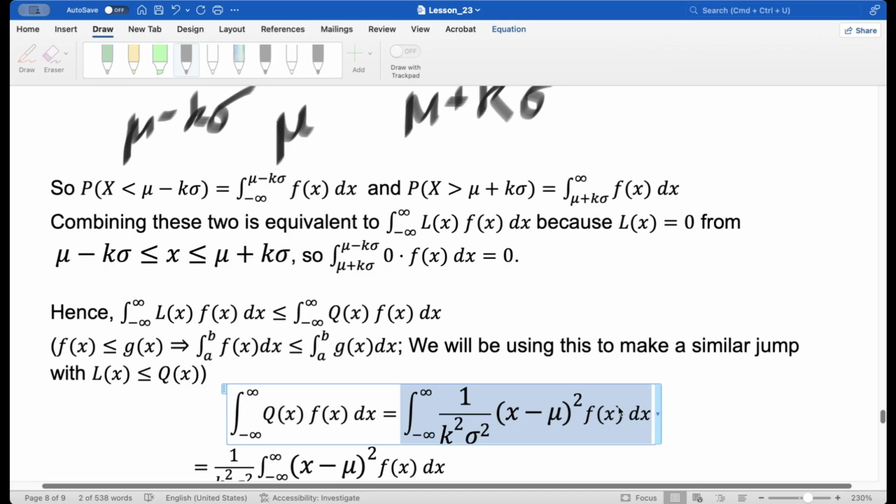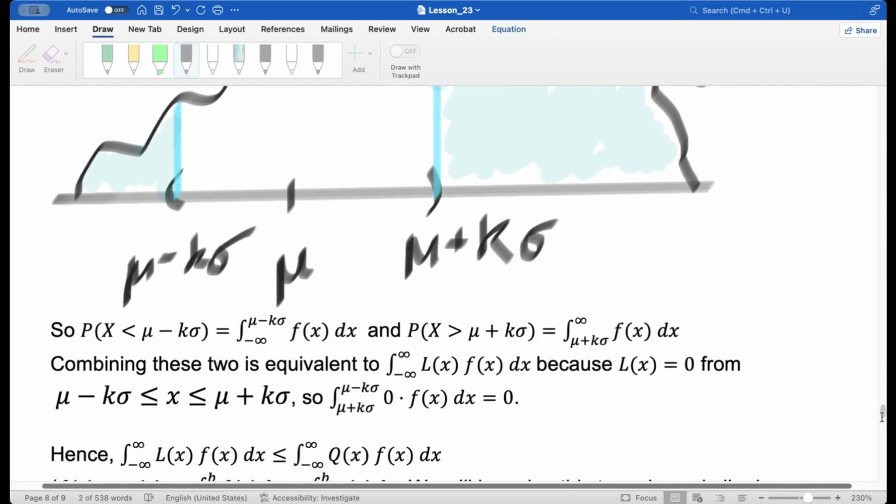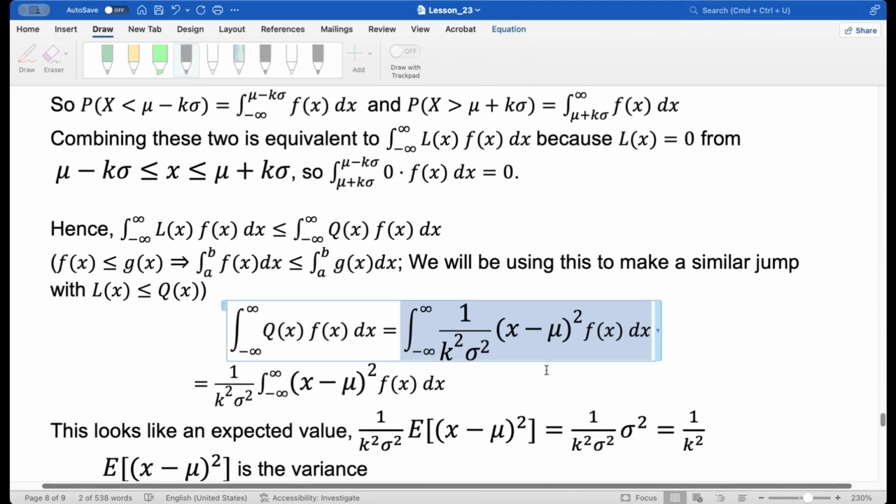We still have the f of x from the density. Dx tells us that x is the variable here, so k squared and sigma squared can be factored out in the denominator. And what we're left with here is the definition of variance, because we have the expected value of x minus mu squared. We're integrating that expression times the density. So that is the expected value of x minus mu squared, which is the variance sigma squared.